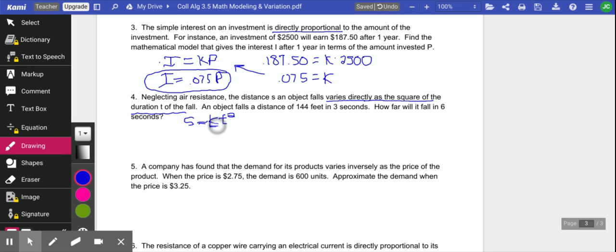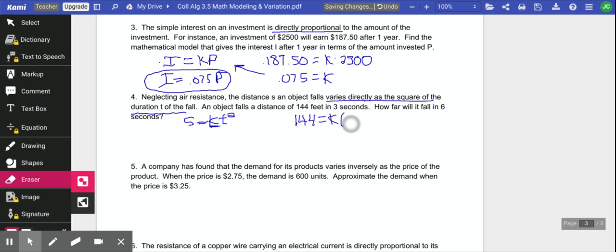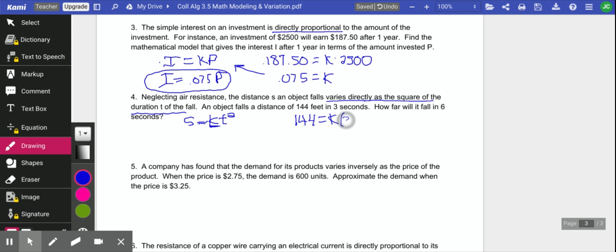We want to figure out what this k is, what that constant is. So to do that, we're going to use these numbers. An object falls a distance of 144 feet, so that's our s, 144 feet. We don't know k, but we do know that our time is 3. Okay, so we get 144 equals 9k.